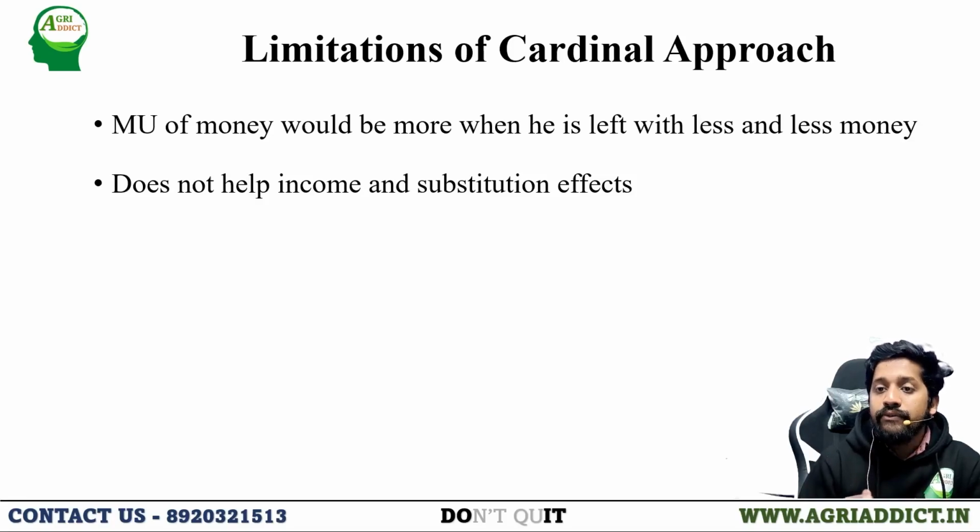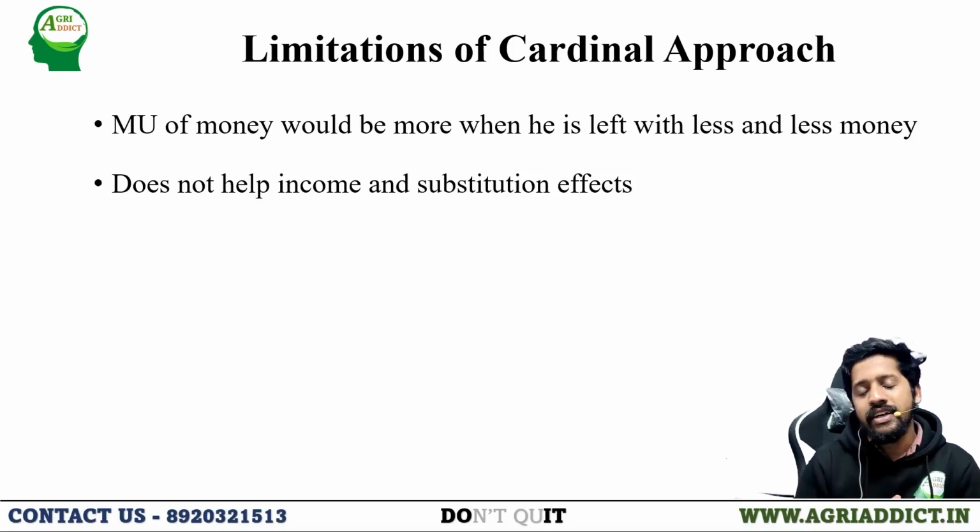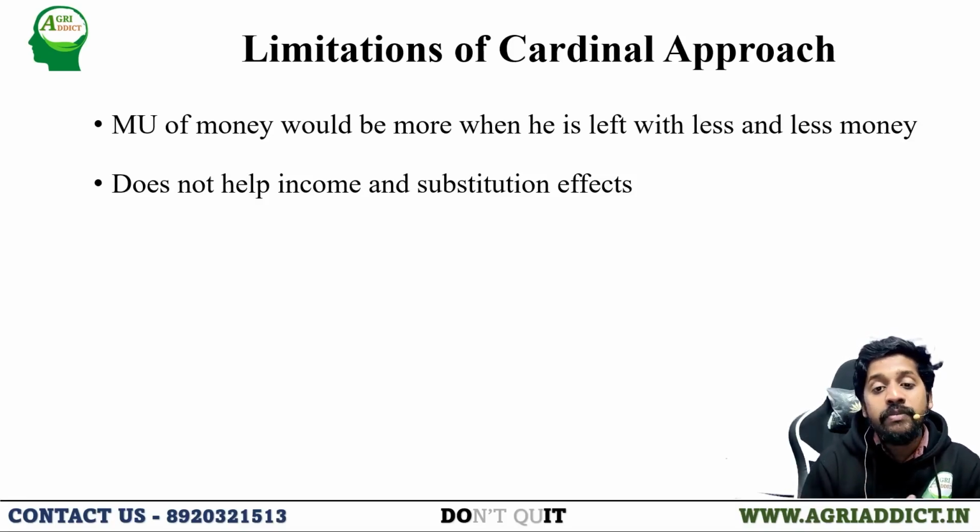When I have 10,000 rupees at the beginning of the month, I spend the money like anything, and when I am left with only 1,000 rupees towards the end of the month, how will I spend it? I will spend in such a way that each penny of this last 1,000 rupees derives satisfaction for me, right?